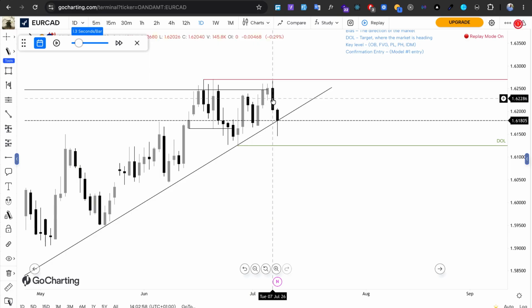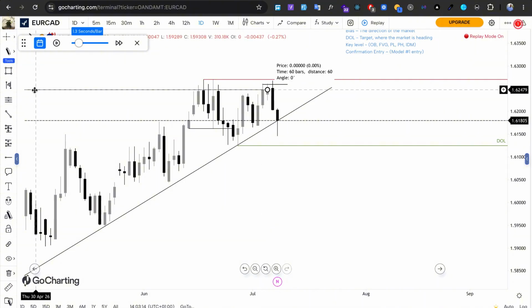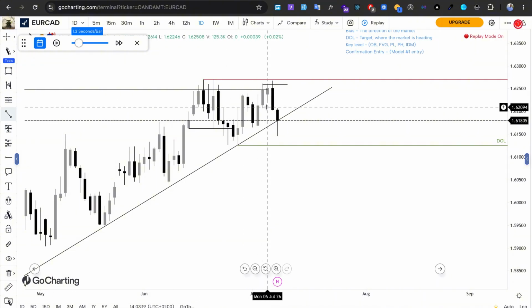And on Tuesday we have a break, and we have a sweep of this Friday and Monday candle. You understand? Sweep of those candles, and you see there was a break here, right? There was a close here.